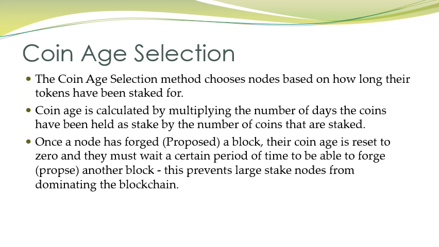So coinage is calculated by multiplying the number of days the coins have been held by the node, and this number of days the coins have been held as stake is multiplied by the number of coins that are staked.